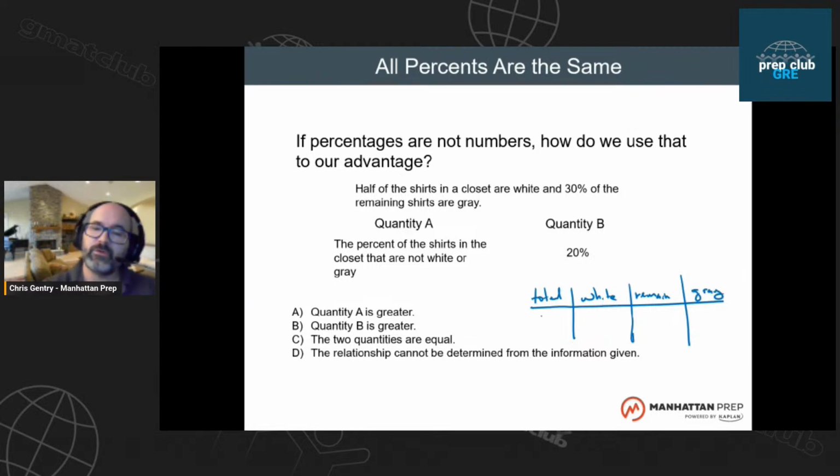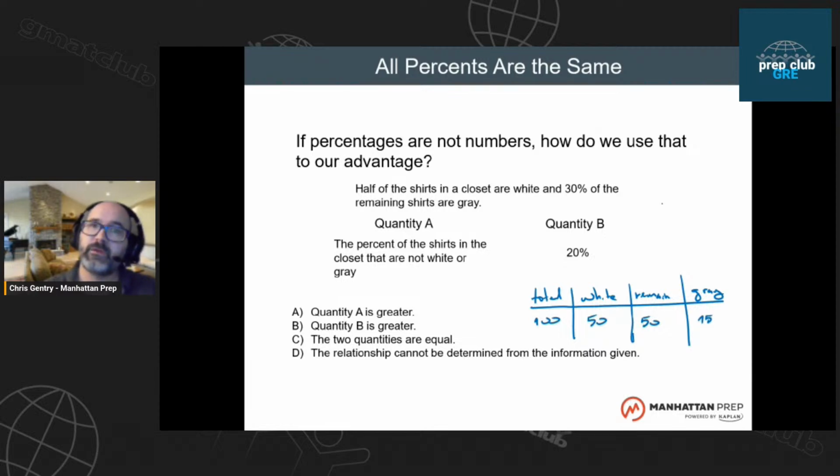So if my total is 100, I have 50 white shirts, which means my remaining shirts are the other 50. And how many shirts are gray? What is 30% of 50? 30% of 50 is 15.